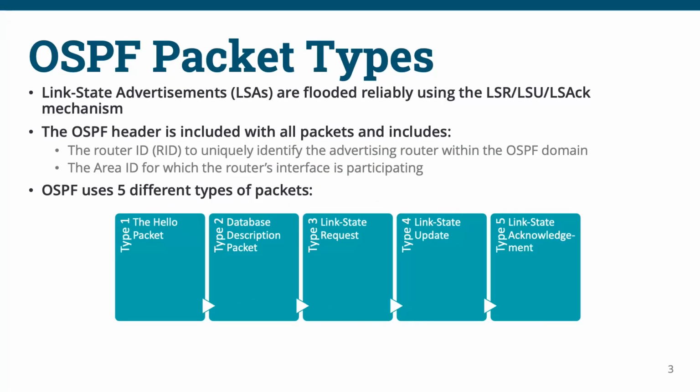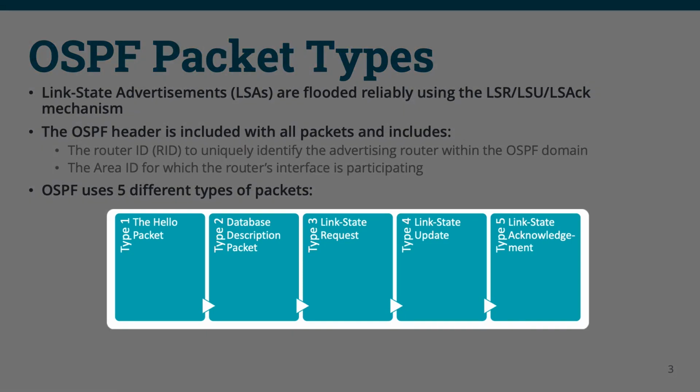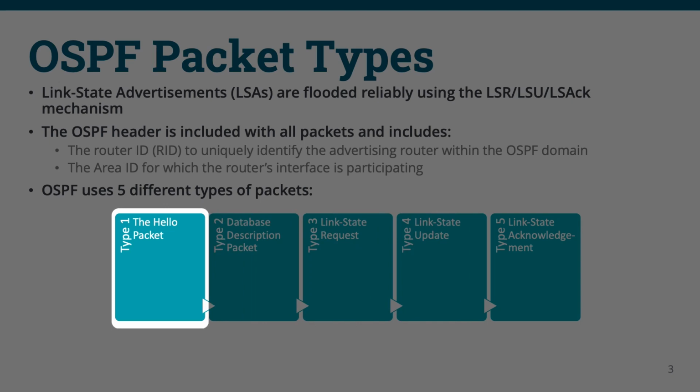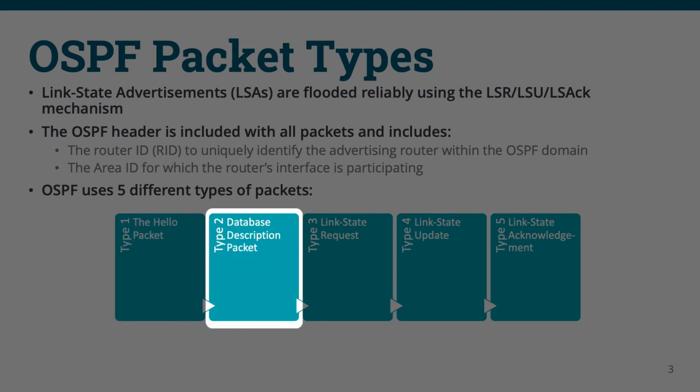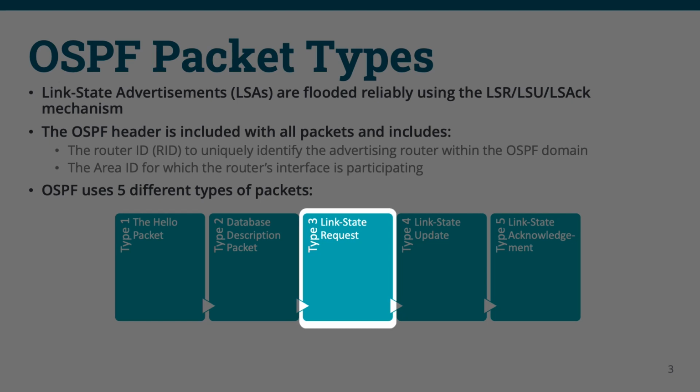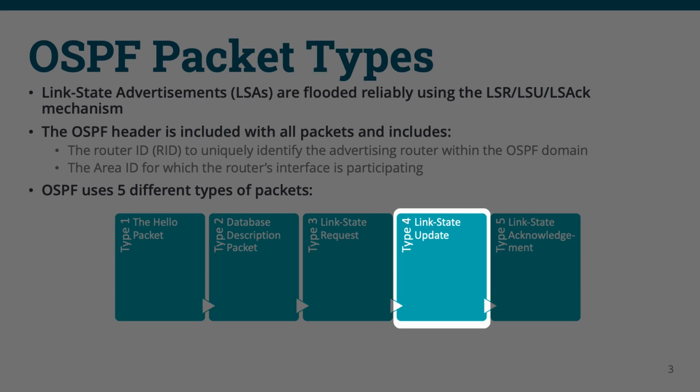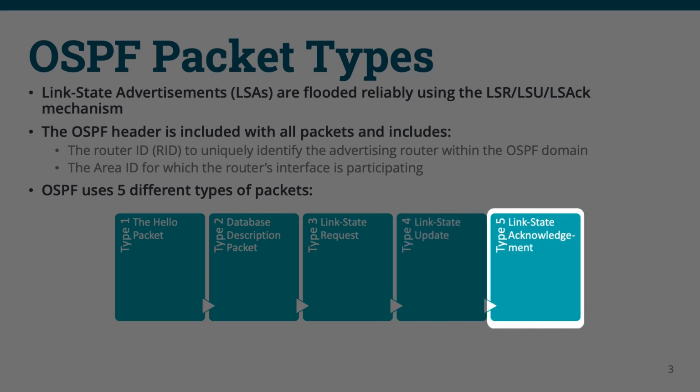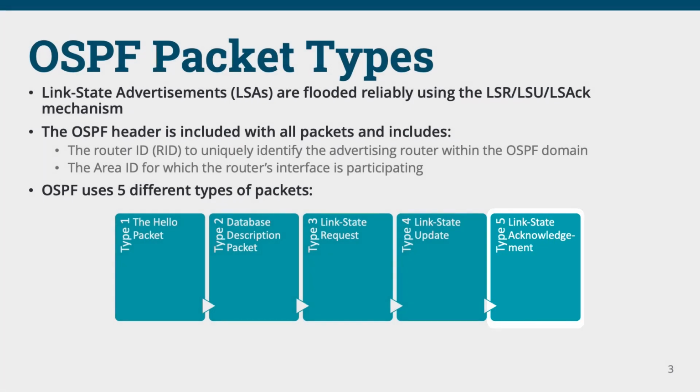As we see in the diagram here, OSPF uses 5 different message types: the hello packet, the database description packet or DBD packet, the link state request or LSR packet, the link state update or LSU, and the link state acknowledgement or LSAC. Each of these packets share a common OSPF header that's included at the beginning of each.